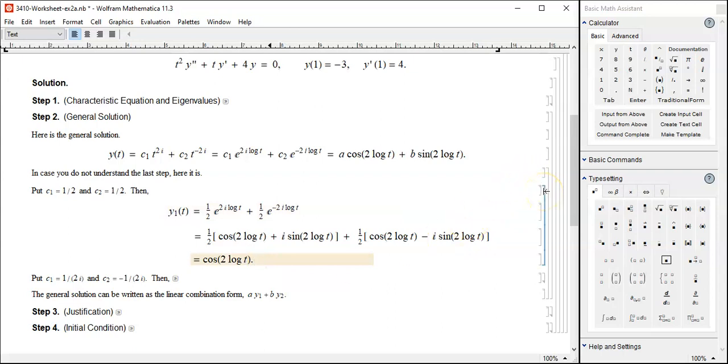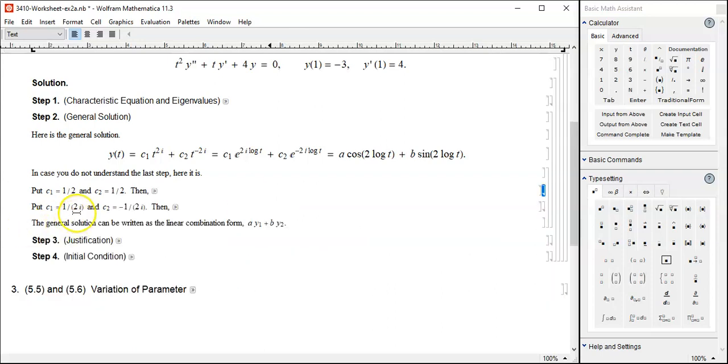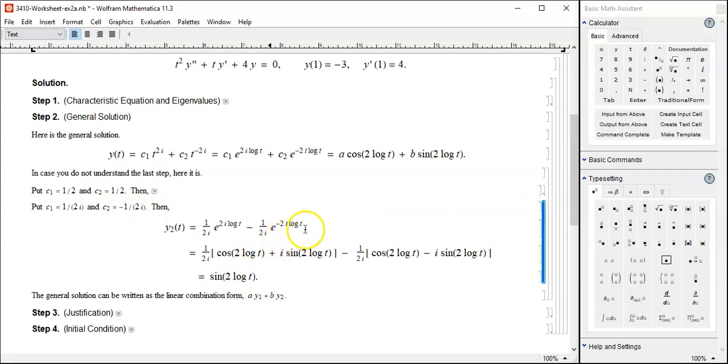Alright, let's find the second solution, and that we can get by plugging in C1 and C2 as 1/2i and -1/2i respectively. How do I do that? If I plug those in, 1/2i, -1/2i, then we have cosine and sine, cosine plus i sine, but then again this is minus, so the cosine part will cancel each other out. And this i and then minus i, another minus, so we're going to get 2i. So in order to negate that, I want 2i down there.